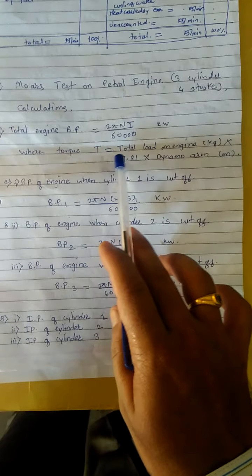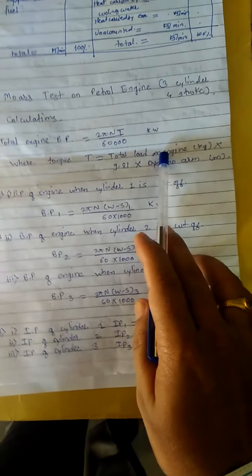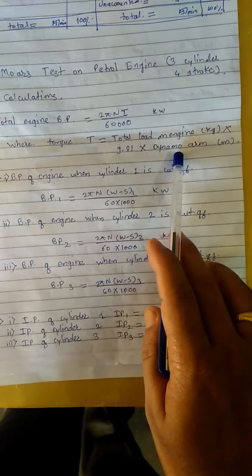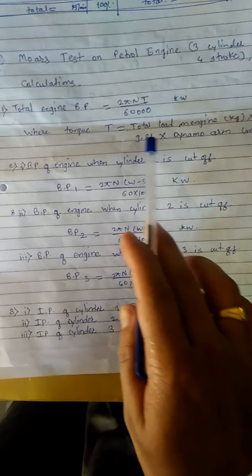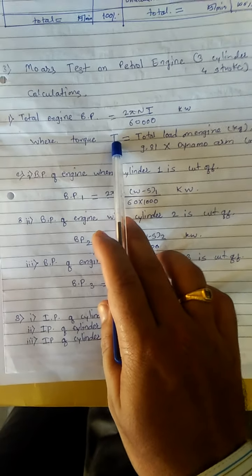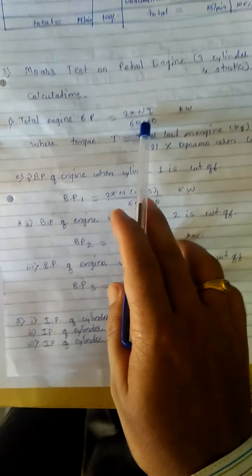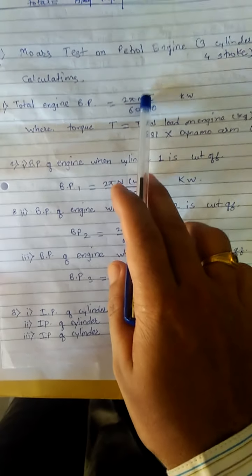To calculate the torque, the formula we use is total load on the engine in kg into 9.81 into the dynamometer arm, which we take in meters. With this formula we can calculate the total torque when all three cylinders are firing. We will use this value in the equation to determine the total brake power produced by the engine.